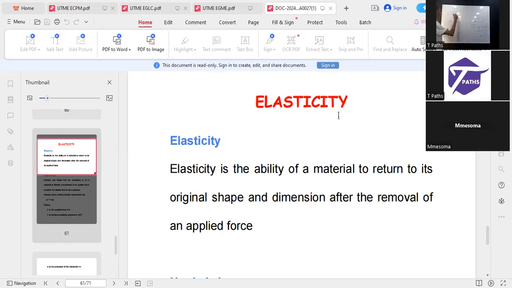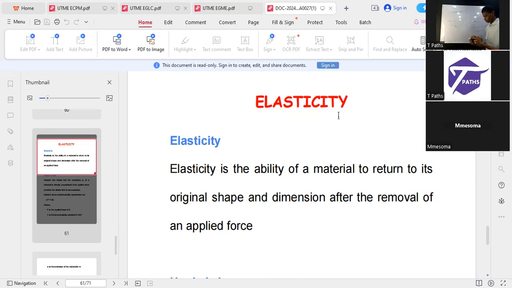Elasticity is simply the ability of a material to return back to its original shape or structure after it has been compressed or expanded by an external force, an applied force, or a particular load. So it is the ability of a material to return to its original shape and dimension after the removal of an applied force. The applied force could be stretching or compression.